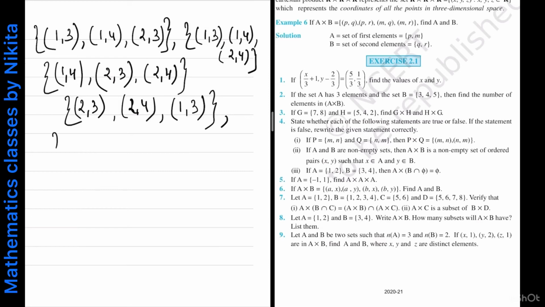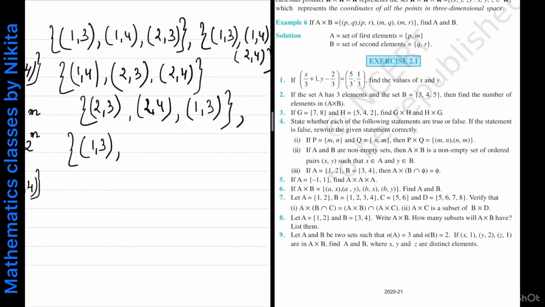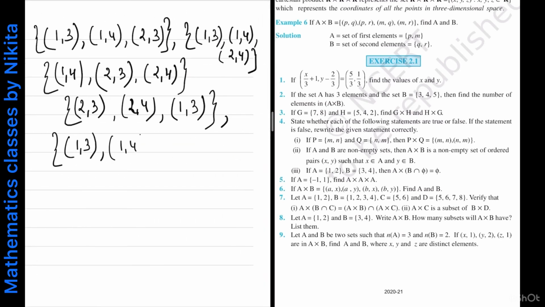Now next will be the subset containing all the 4 ordered pairs. So therefore it will be (1,3), (1,4), (2,3), (2,4).